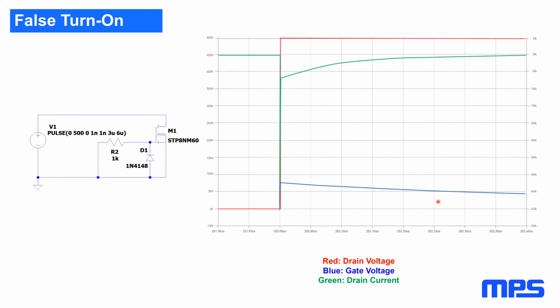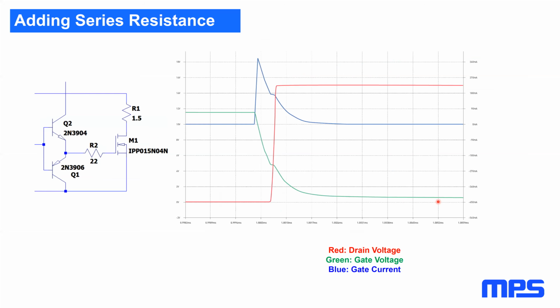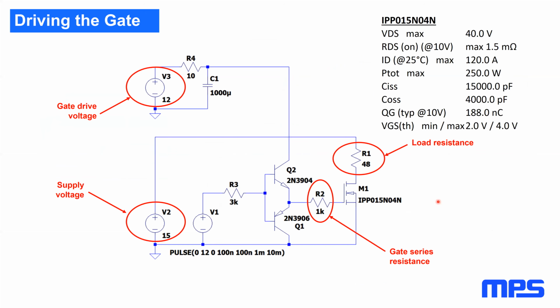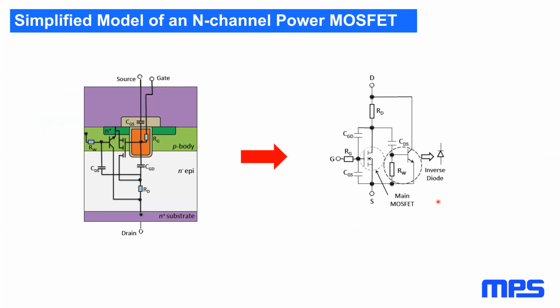Usually the gate is not a particularly low resistance thing, especially if it's polysilicon. It has some resistance, and I think this parasitic chart shows that. If I can find it. Yeah, this RG right here will limit the current ultimately.